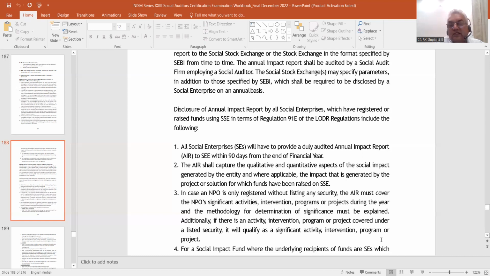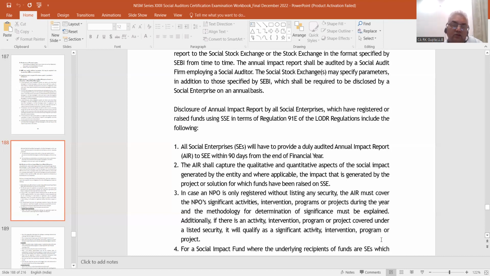The annual impact report shall capture the qualitative and quantitative aspects of the social impact generated by the entity, and where applicable, the impact generated by the project or solution for which funds have been raised on the social stock exchange.